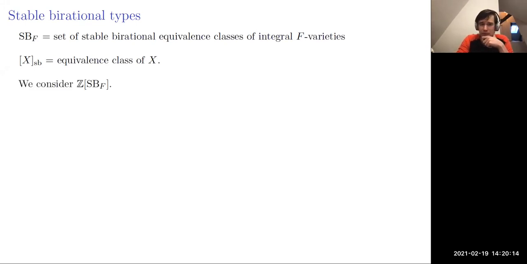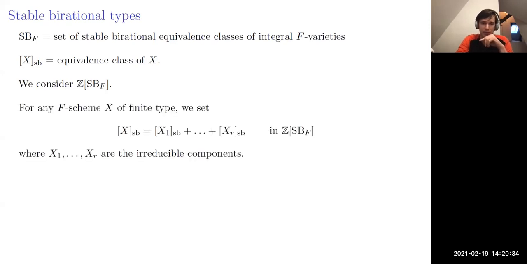And we will consider the free abelian group generated by the set of equivalence classes. So an element here is just a formal sum of birational equivalence classes.